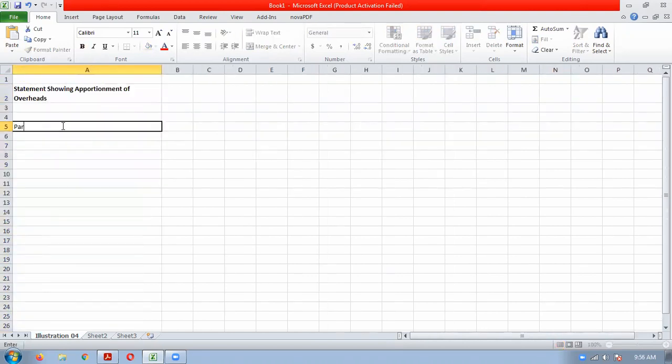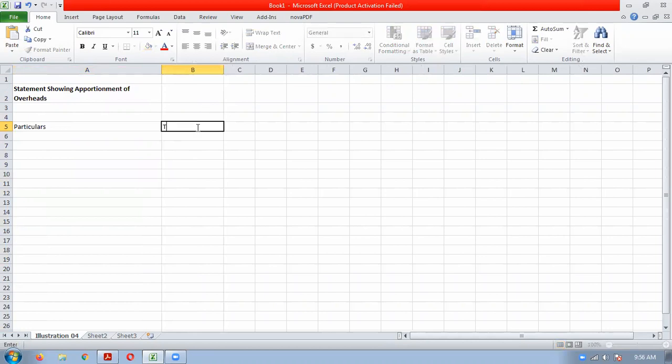Particulars. Total overhead, that is the rupees amount, you can write amount in rupees.